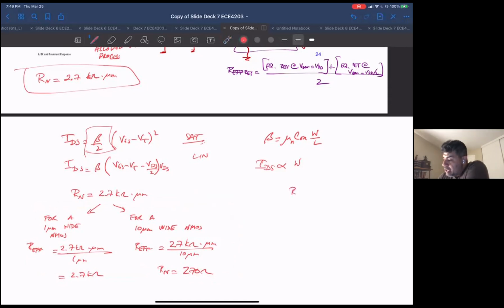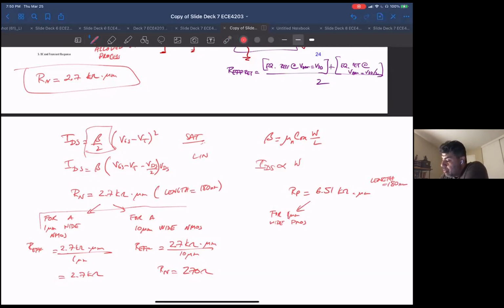Okay, and same with the R sub P. R sub P was, I can't remember now, but say 6.51 kilo ohm micron. So for a 1 micron wide P, this is all assuming that your length is minimum, so length is equal to 180 nanometer. As soon as you use something else, you've got to use a different R sub P, R sub n.